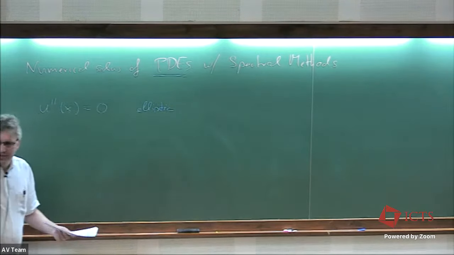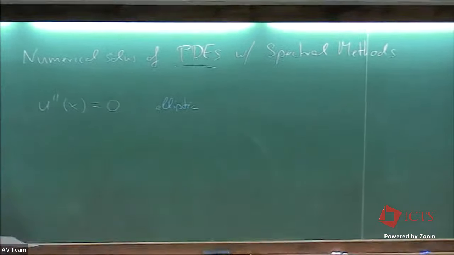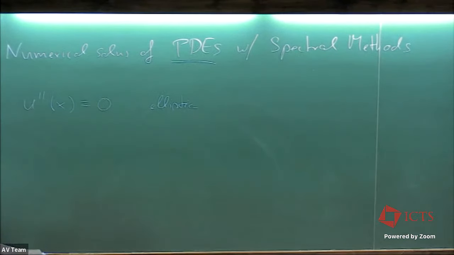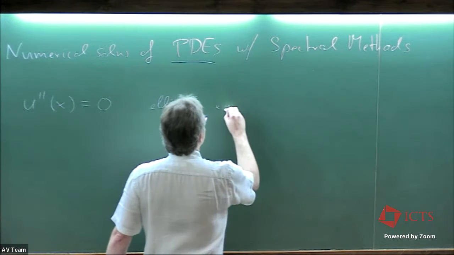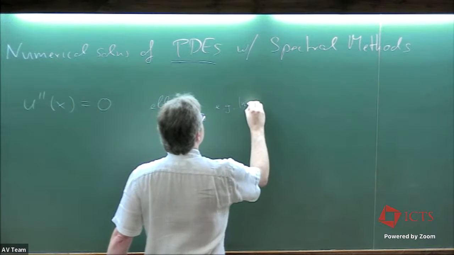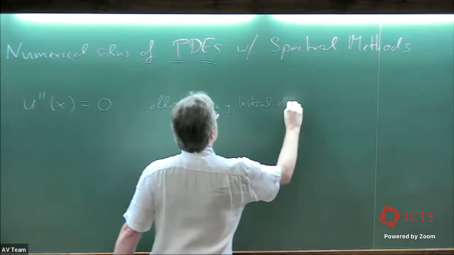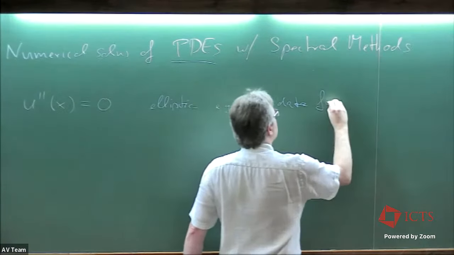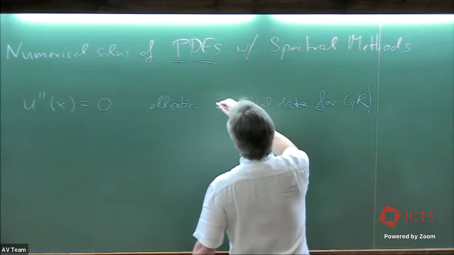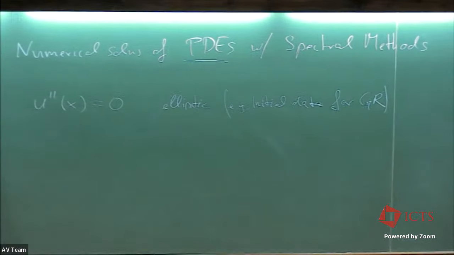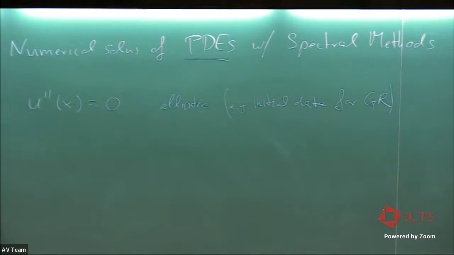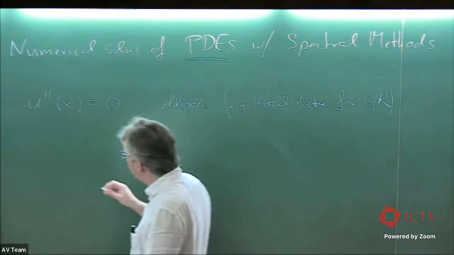Such elliptic equations you have probably already seen all over your physics career, but they also appear, for instance, when you're computing initial data for general relativity. And I understand Professor Baumgartner talked about this last week, how you actually begin setting up an evolution of black holes.